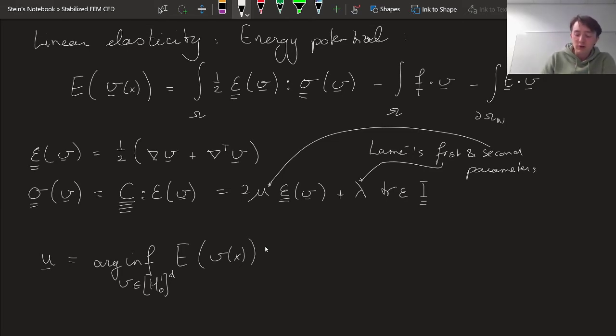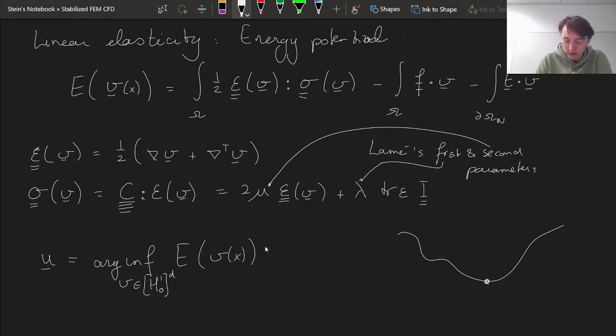So clearly, if we're normally dealing with minima in standard calculus of an arbitrary function, then we say that the minimum occurs at a point where the derivative is equal to 0, right?